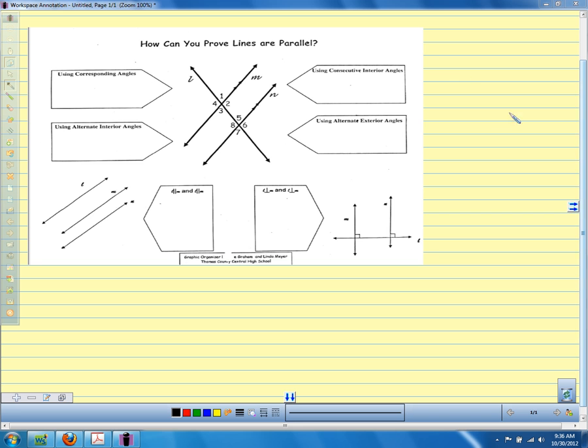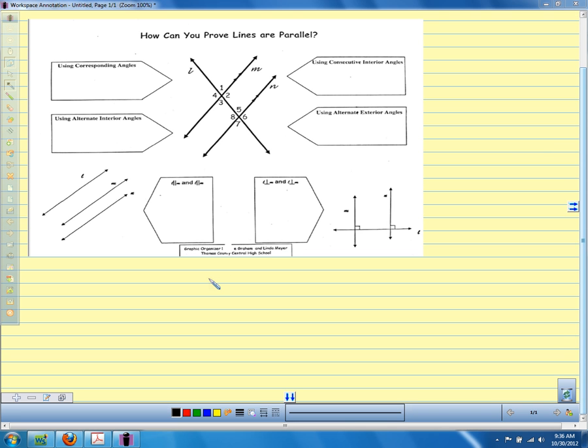In that big middle box we already filled in, we called it our postulate. I'm going to write that out in a little more detail because we're going to use the corresponding angle postulate to start today. It's called the corresponding angle postulate.